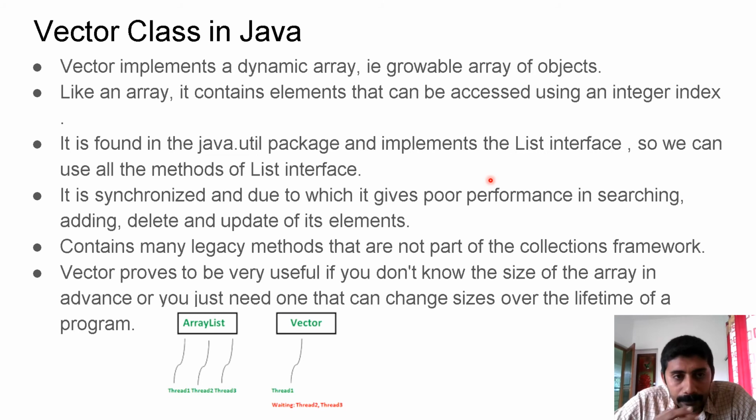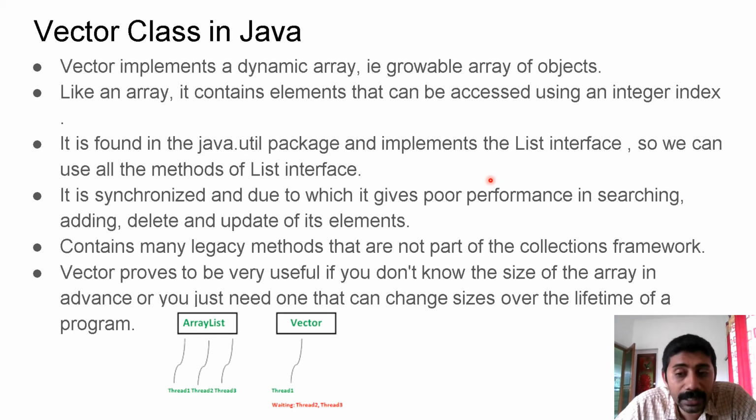Another thing, that is the Vector class in Java. In the beginning, when we learned arrays, I said array has one limitation. That means the size is fixed. Once you create an array, you cannot modify the array size. So Vector is an effort to overcome this drawback of array. Vector implements a dynamic array, that is growable array objects.